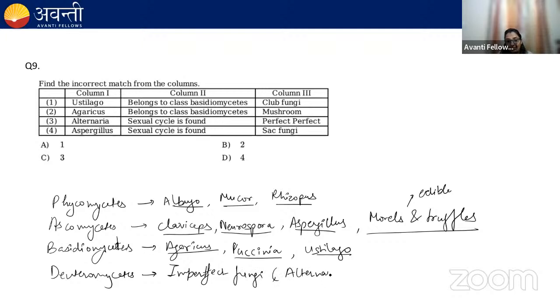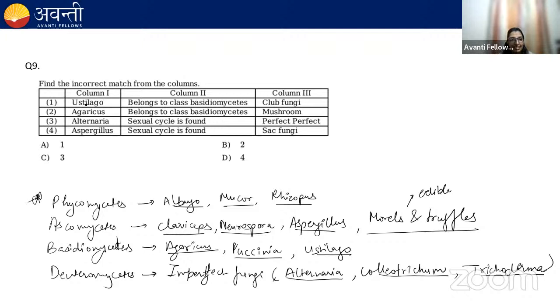It includes Alternaria, Colletotrichum, Trichoderma. Remember all the examples, okay? It's important.